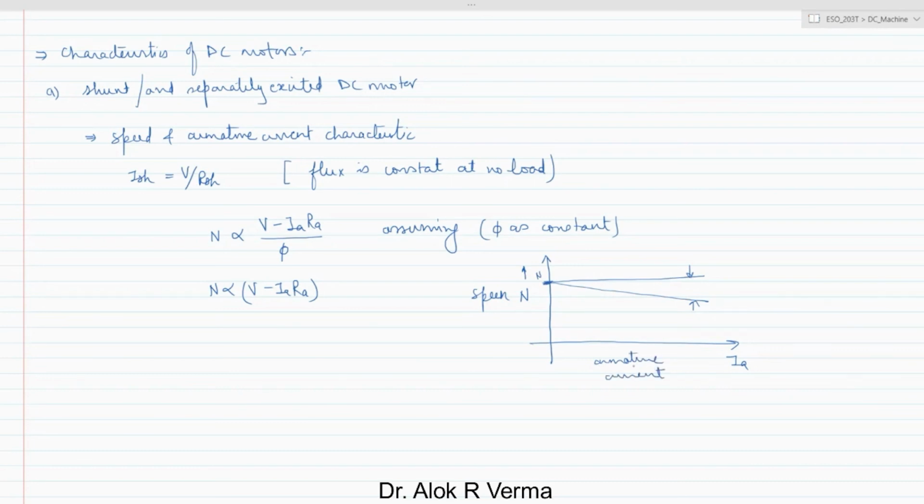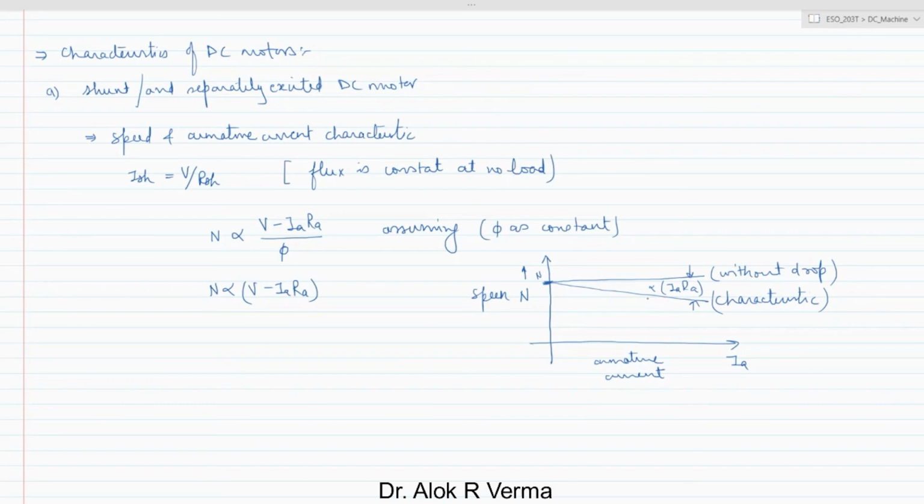So this is the characteristic without drop, and this is real, and this drop is proportional to IRA. So in general, speed is constant for a DC motor with respect to the armature current.